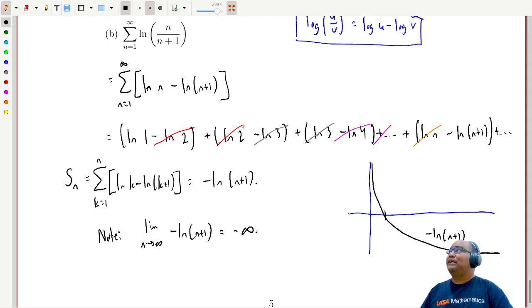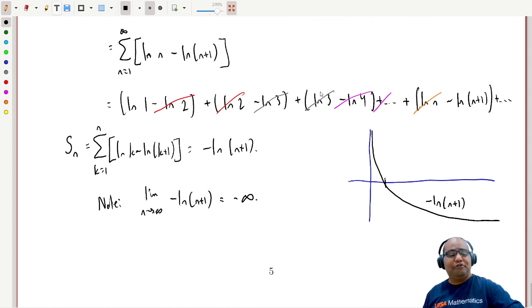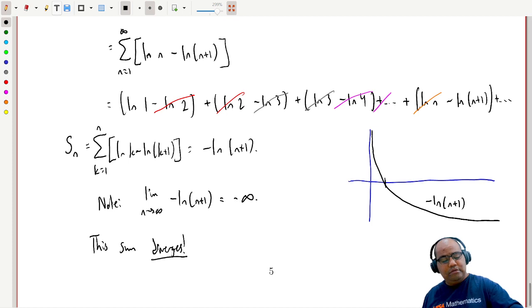So what's the problem here? This is a divergent sequence. And because this is a divergent sequence, this sum diverges. The sequence of partial sums is divergent, so the series itself is divergent.